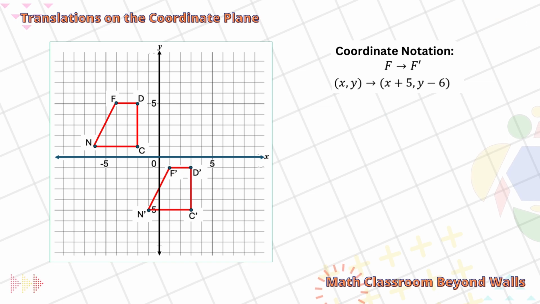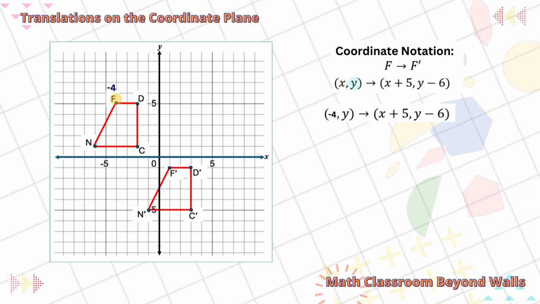Let us do it. We start by getting the coordinate of F from the graph. From point F, move down to the x-axis to get the x-coordinate. It is -4. From point F again, move towards the y-axis to get the y-coordinate. It is 5. Therefore, point F has the coordinates -4, 5, where -4 is the x-coordinate and 5 is the y-coordinate.